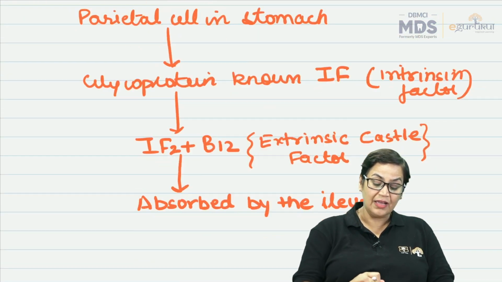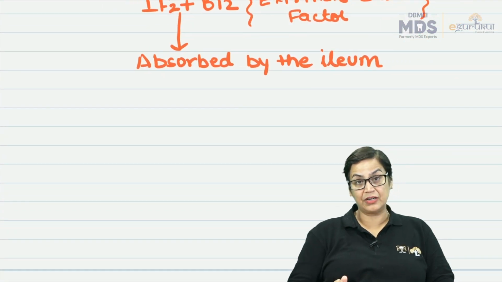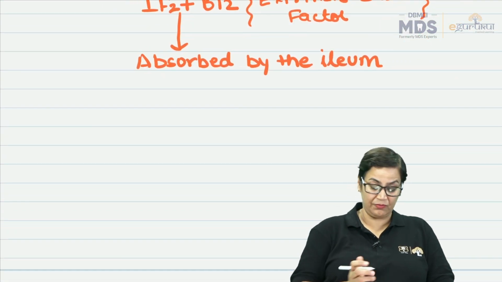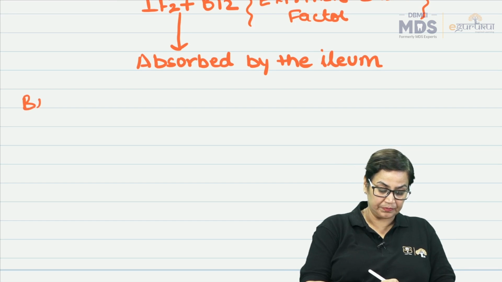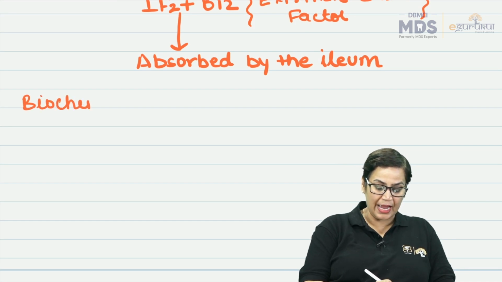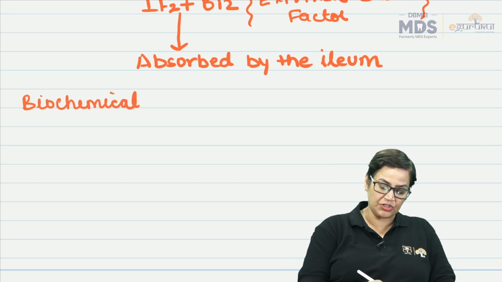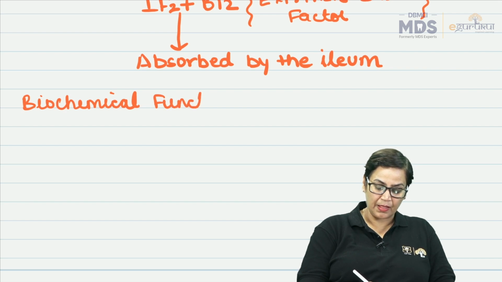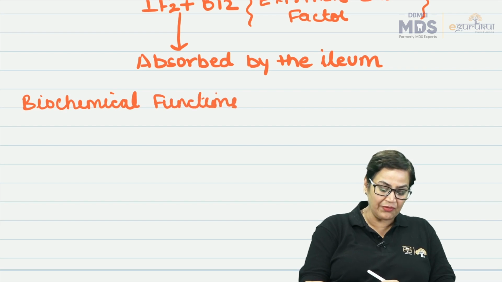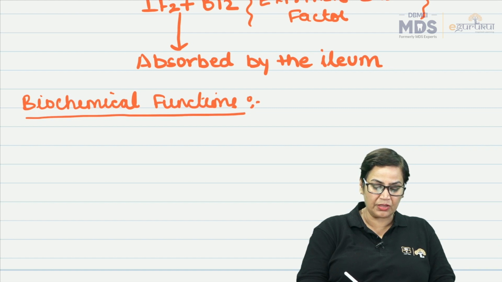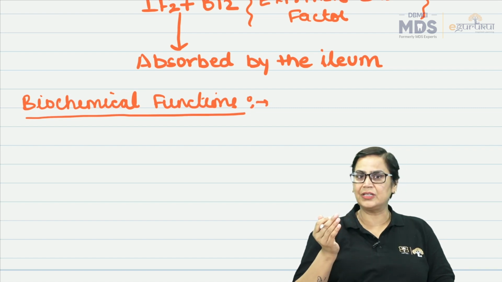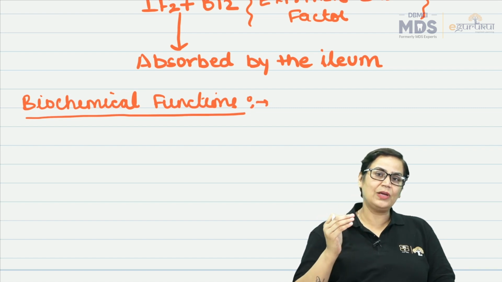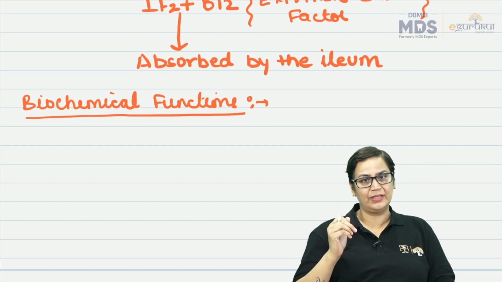Now, what are the biochemical functions of B12? If we look at the biochemical functions, there are three important functions in which B12 is acting as a coenzyme.